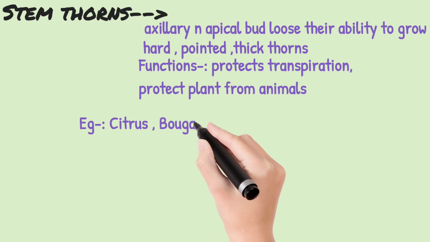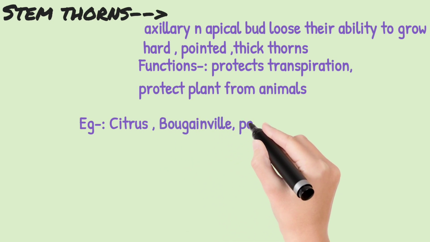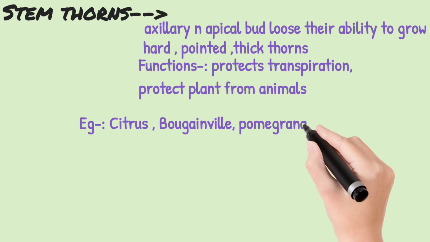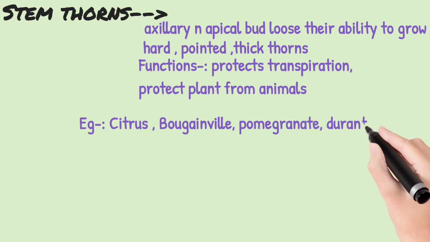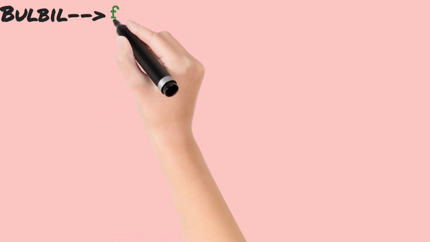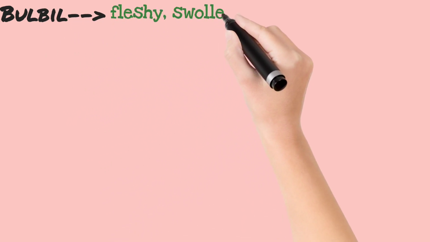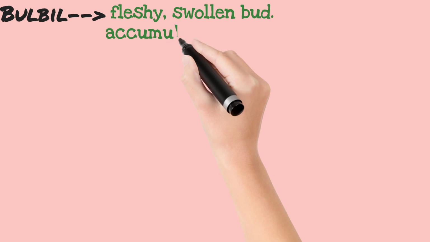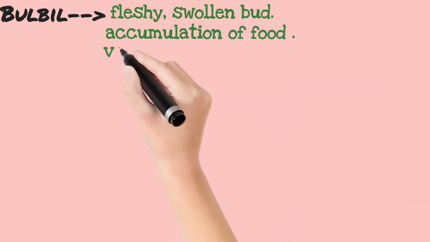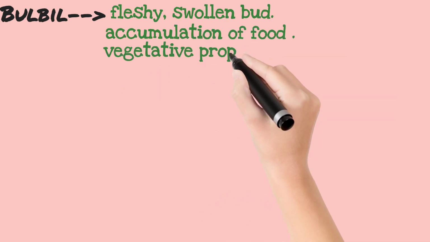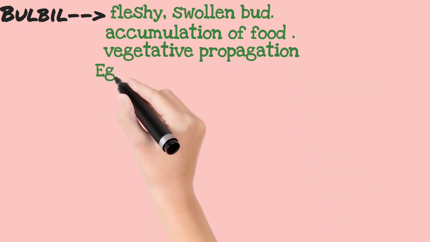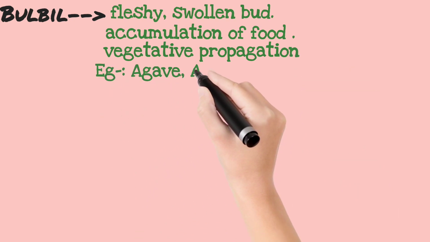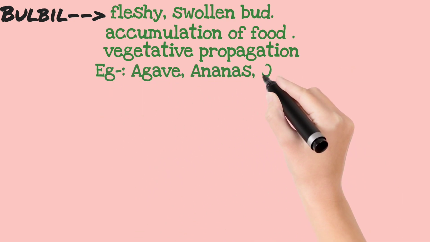Example: citrus, bougainvillea, duranta, pomegranate. Bulbil, a fleshy, swollen bud for the accumulation of food, forms a new plant on contact with soil. Example: agave, oxalis, lily, Dioscorea, chlorophytum.